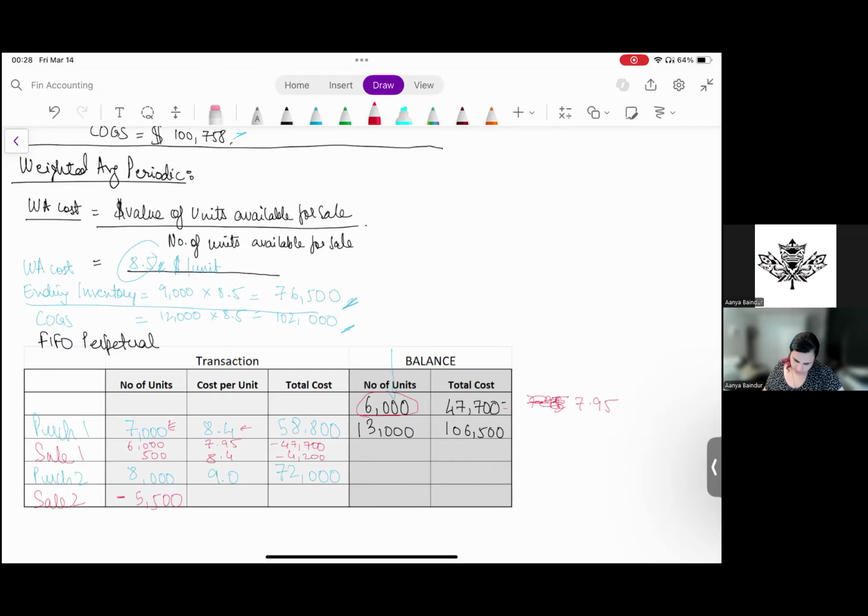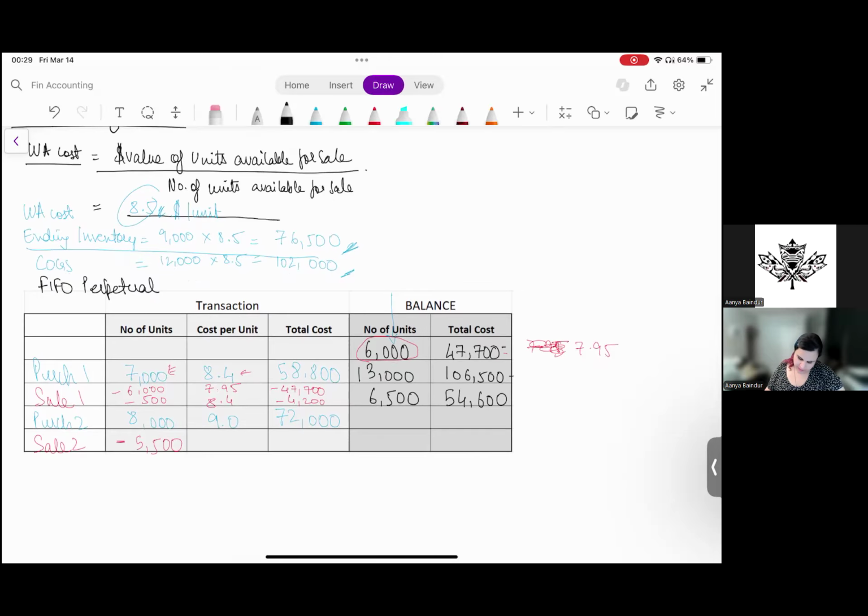And now let's find what our balance units are. So from 13,000, we subtract 6,500. That gives us 6,500. And the total cost, we subtract the two numbers. So that's 106,500 minus 47,700 minus 4,200, 54,600, right?